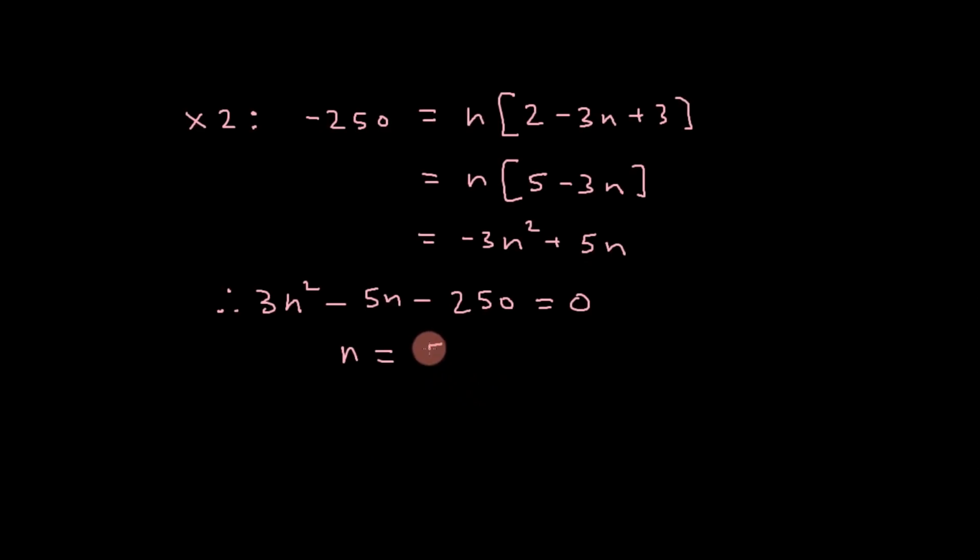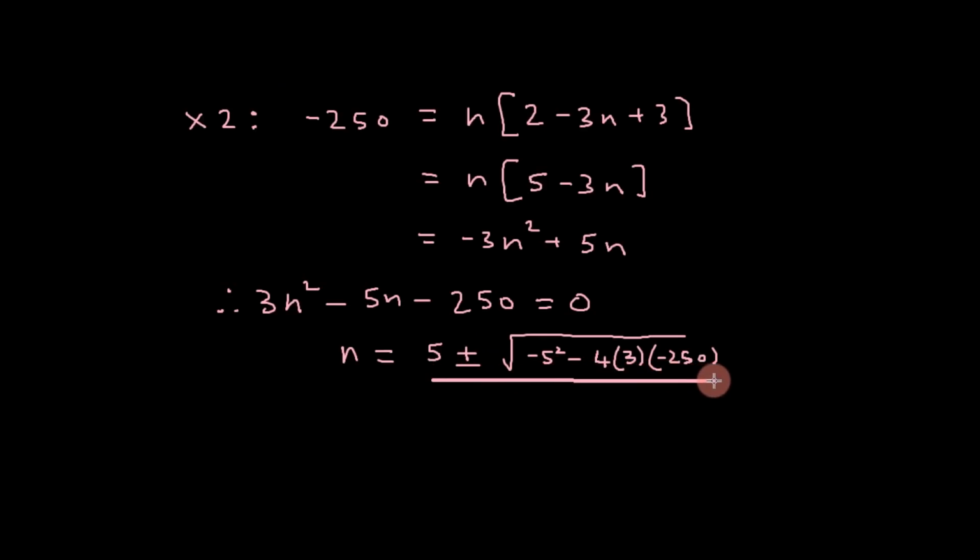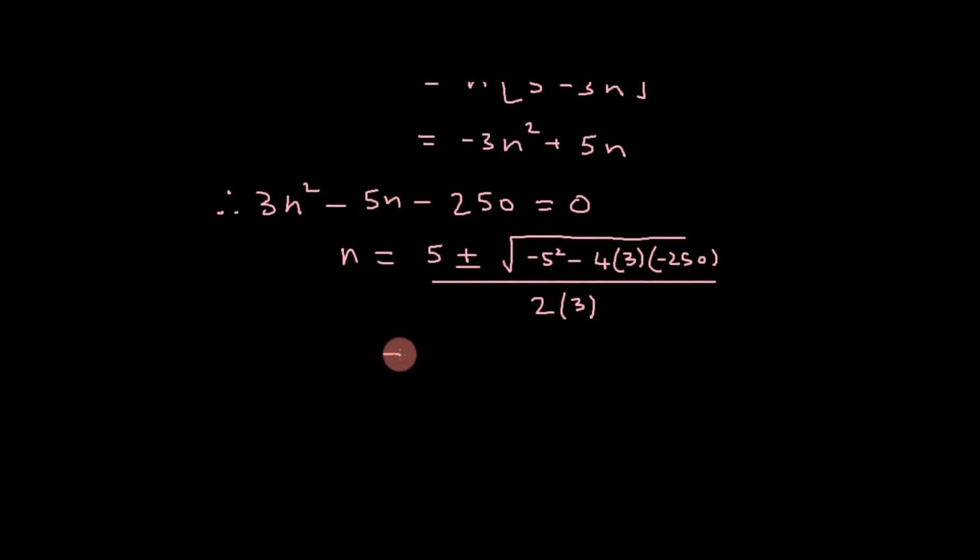So minus b is 5 plus or minus the square root of b squared minus 4ac, and this is all over 2a, so over 2 times 3. We can first simplify under the square root.